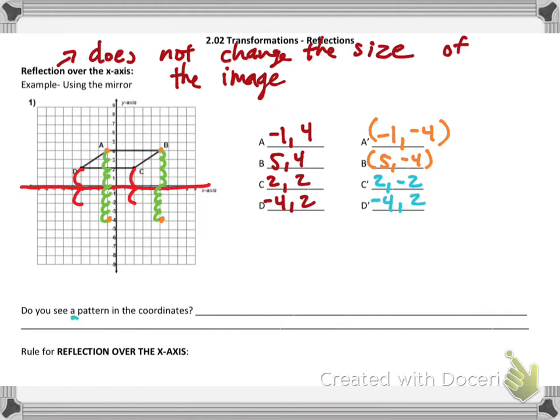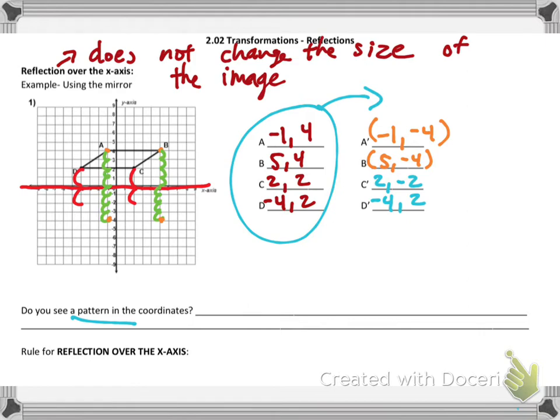Do you see a pattern in the coordinates? Look over here. What pattern do you see? Take a look and think. Here's a little hint question. What stays the same? What changes? And how does it change?